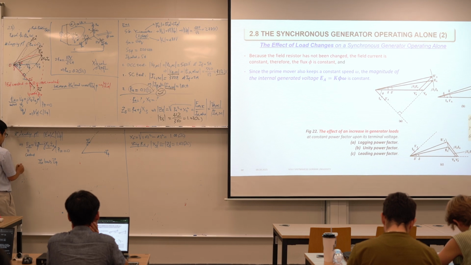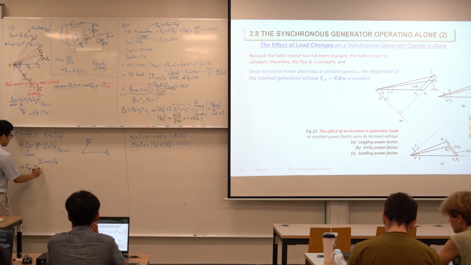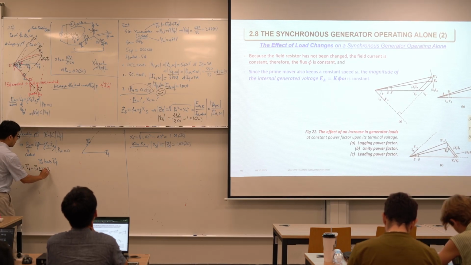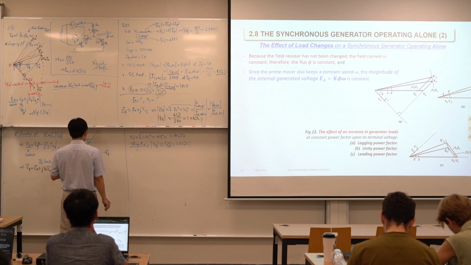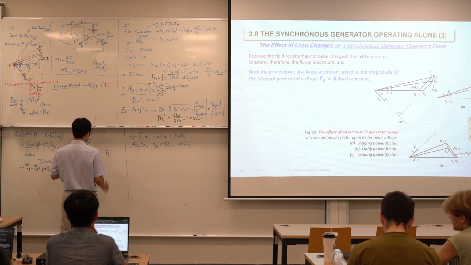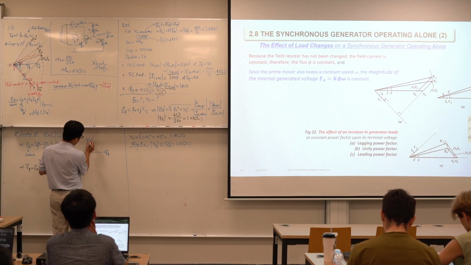If you move it to the left, you get V phase equals EA plus jXS IA, right?